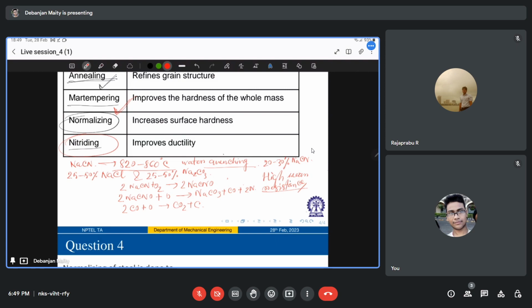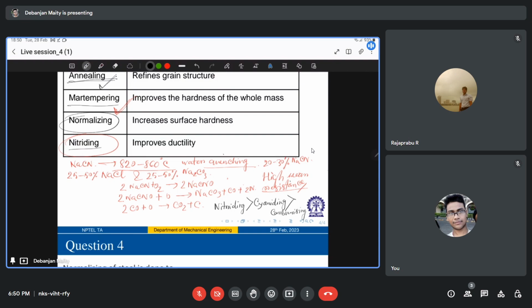The hardness at case varies in the following sequence: you will have nitriding first, then cyaniding, and the least one is carburizing.